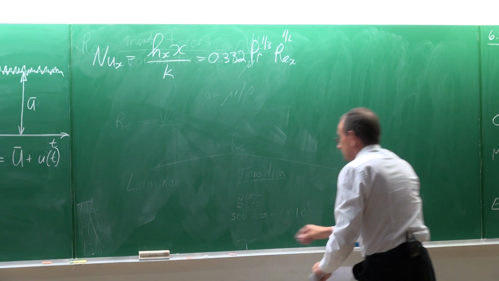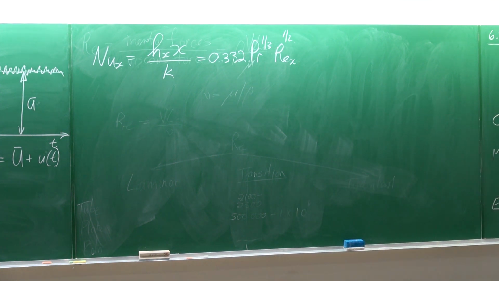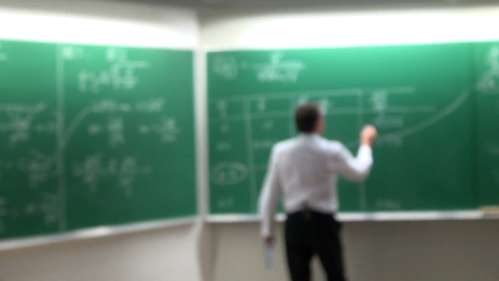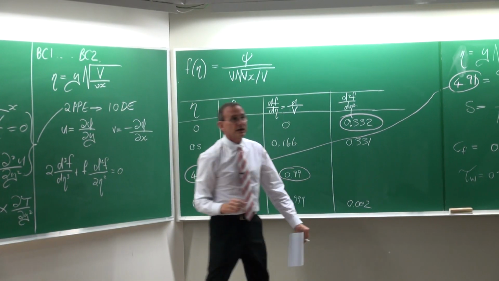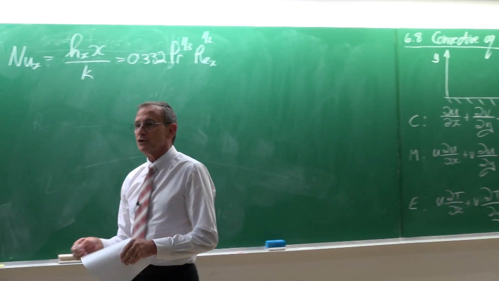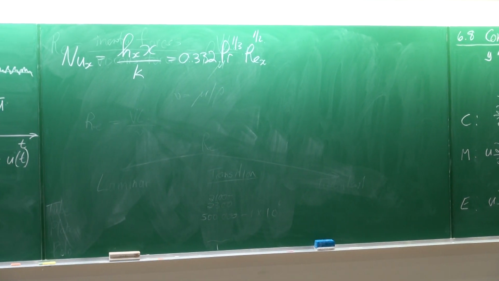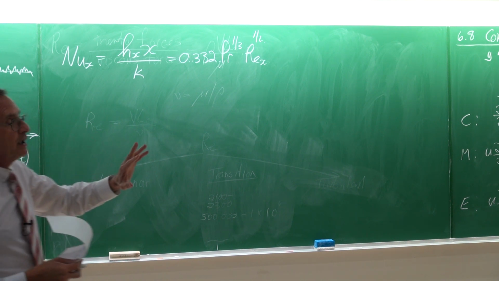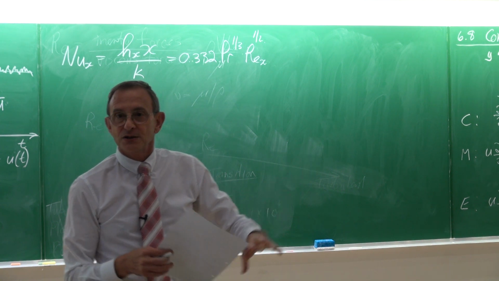And guess what? This value of 0.332 is that value there. You see it? So if you really know what you're looking for, then you can get those very special values. But be careful of just solving equations. It's always very dangerous doing that.